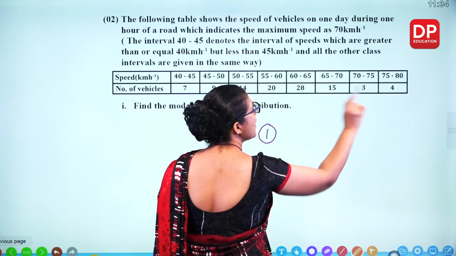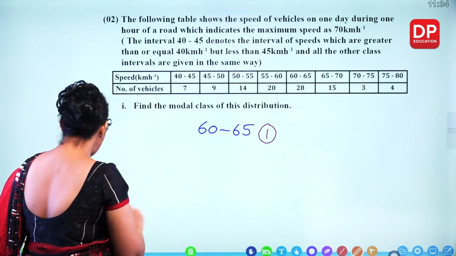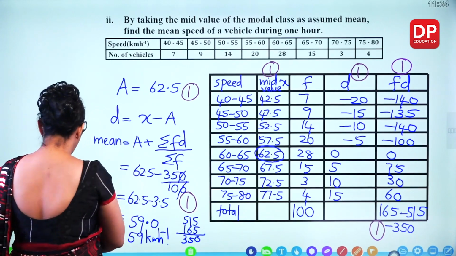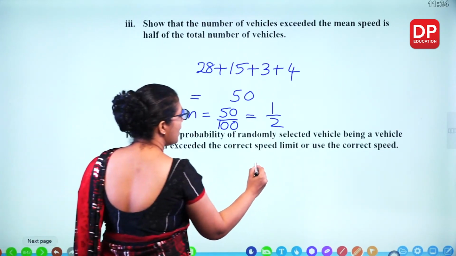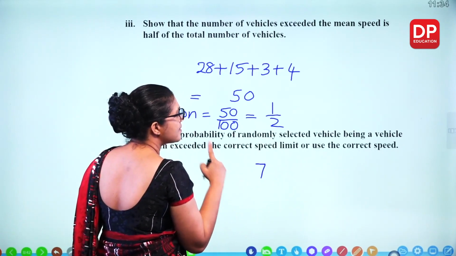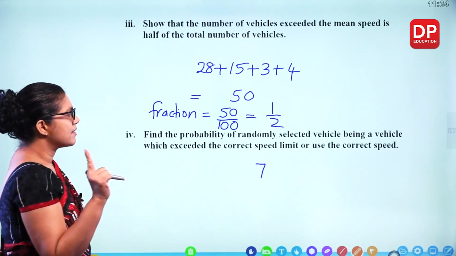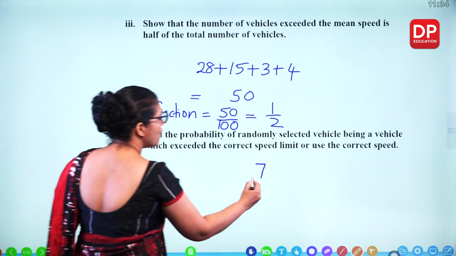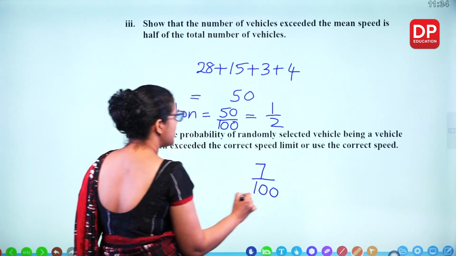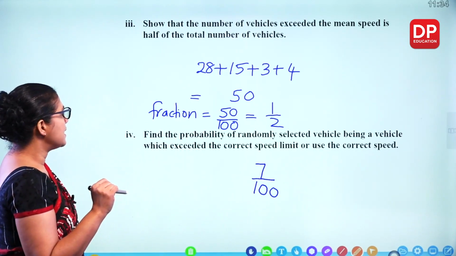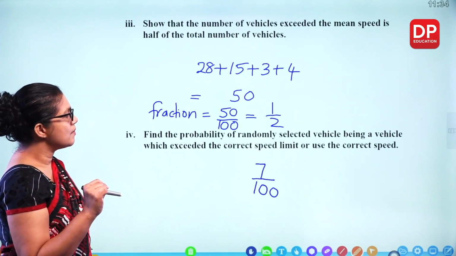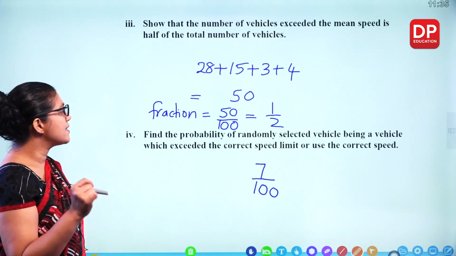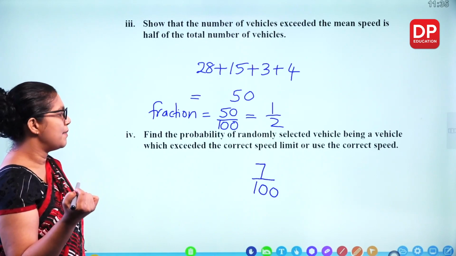Here, 4 plus 3, that's 7 vehicles. 7 vehicles exceeded the correct speed limit out of 100. So this is the probability of a randomly selected vehicle being a vehicle which exceeded the correct speed limit.